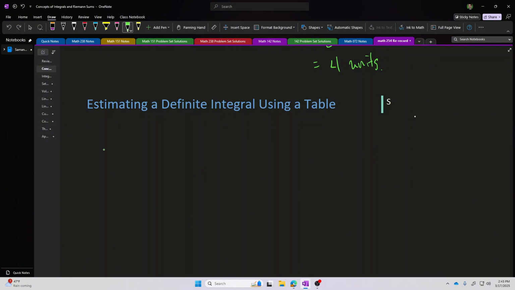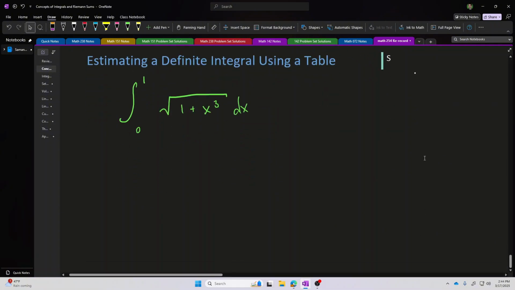So for example, suppose that I said the integral from 0 to 1 of the square root of 1 plus x cubed. I think you will find that this particular function is very, very hard to integrate normally using antiderivatives, even if you include applying weird tricks like trig substitution.